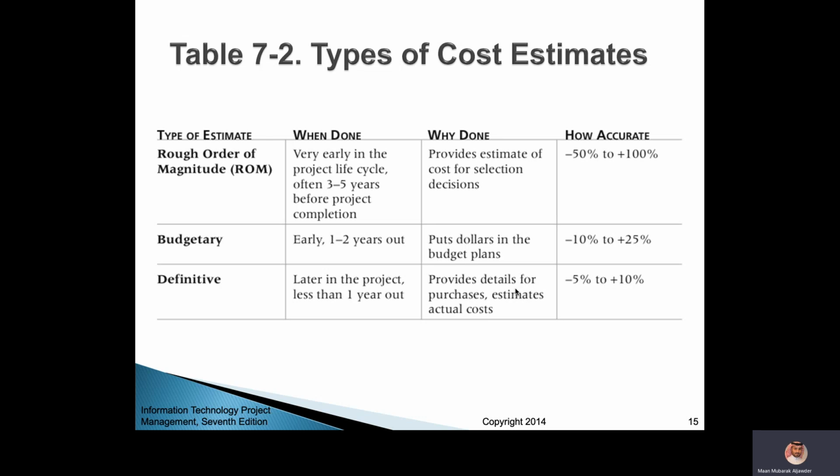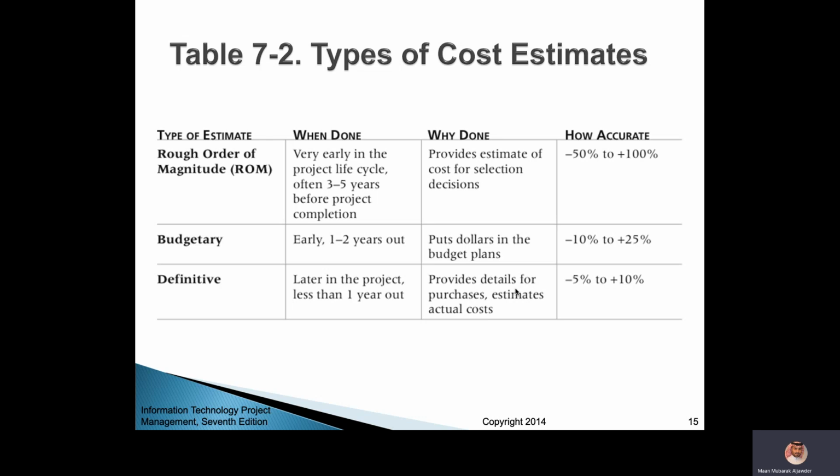A little further in the timeline of the project, when you start the project, then you have some other better estimates when you get the budgetary estimates. And this is more accurate than the previous one, because it comes after estimation. When you start creating your cost baseline, you start having these accounts or these items.